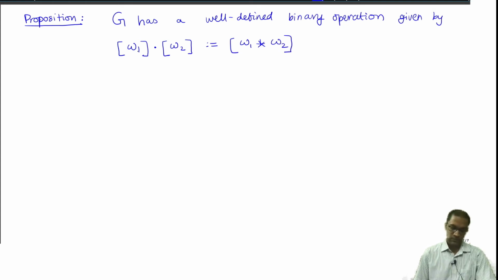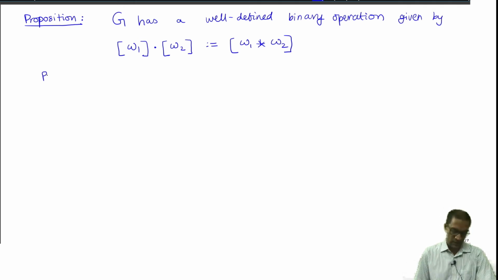Okay, so observe the definition itself at the moment makes sense. I take two equivalence classes, and I take two representatives, W1 and W2, from those classes. I concatenate those two representatives, I get a new word W1 star W2, and I take the equivalence class of that new word. Okay, that's my definition.